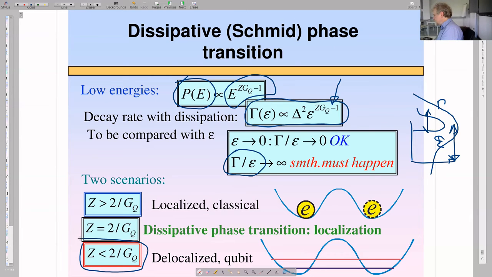We have two states, and the wave function is delocalized between two dots, two wells. At the other side of the transition, it appears that our qubit is converted into a classical qubit.